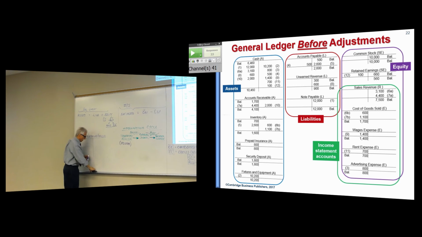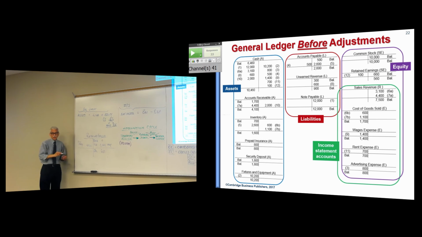So the beginning, when we started our business, the beginning balance was 0. Then we had net income of 1,060. And then we had, this was in May, May dividends of 400. And the balance that got carried from May into June was 660.